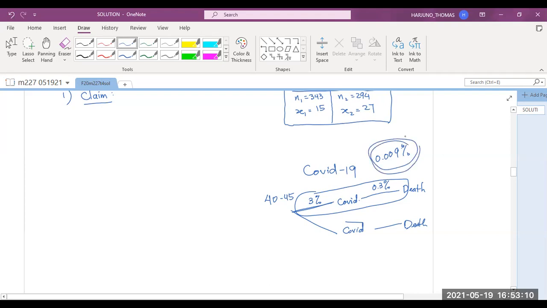In other words, the probability for me to catch COVID, and given I get COVID, I die because of that, is less than the probability I took the shot and develop a very bad side effect. Now that is much higher.